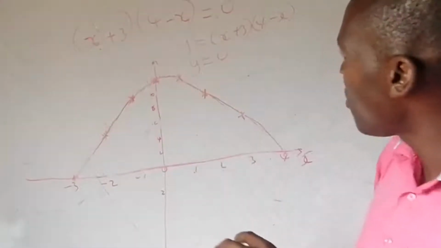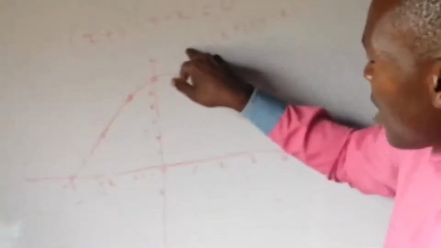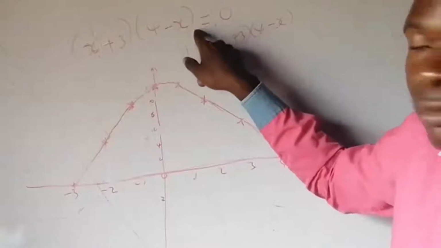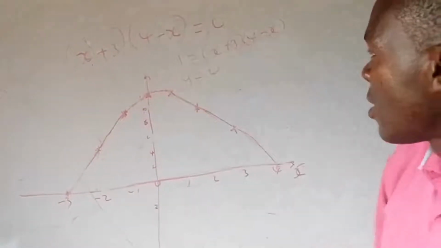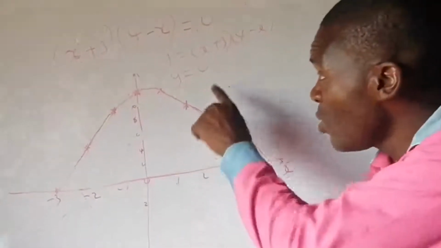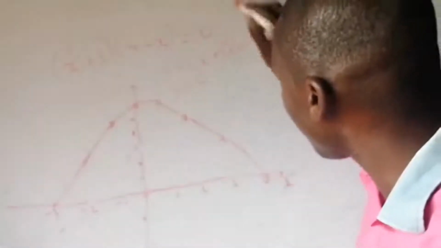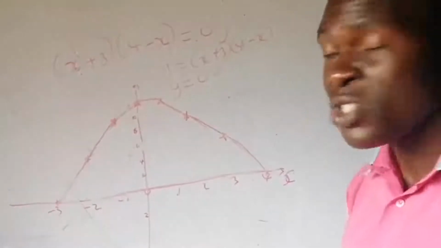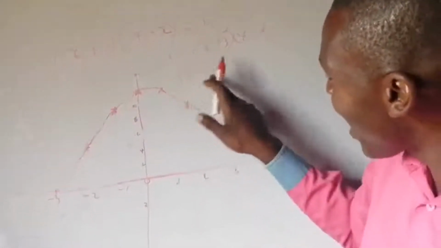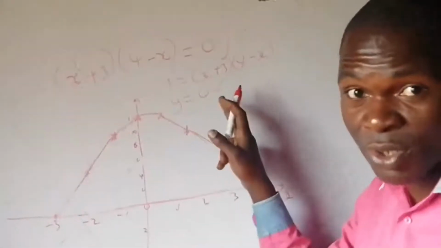When you remove y here and put 0, we arrive at this equation. To find the roots of this equation, this is the curve, and this is another line. So, draw another line which is called y is equal to 0.